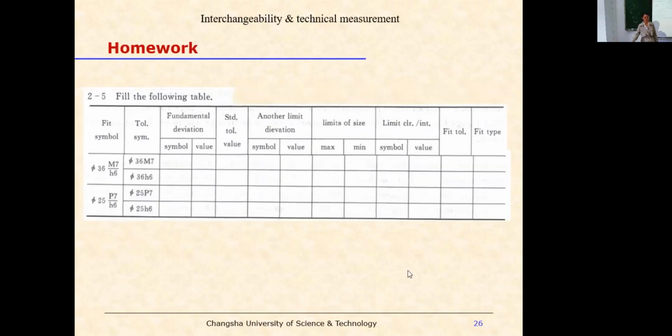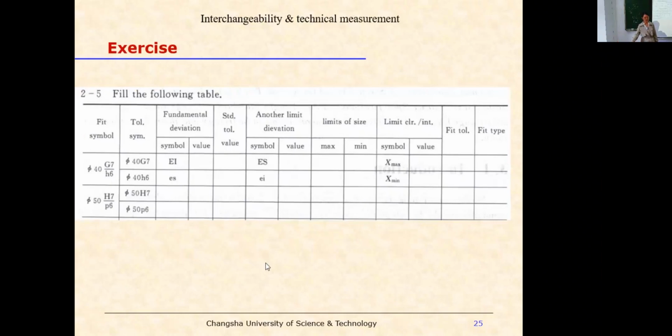This one, this one, the table. It's in the page. I can't see it.